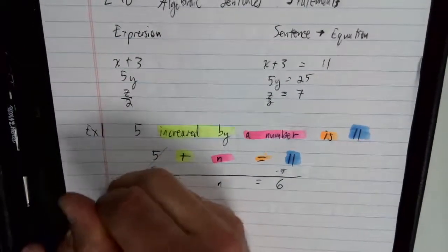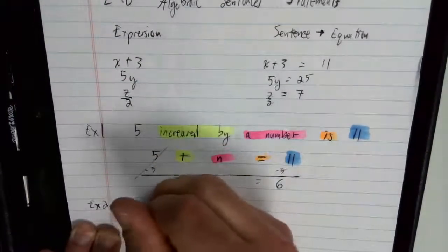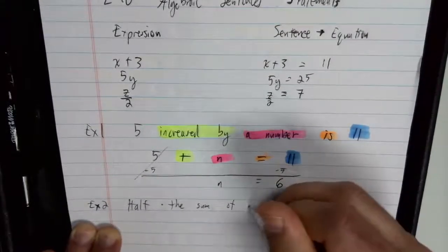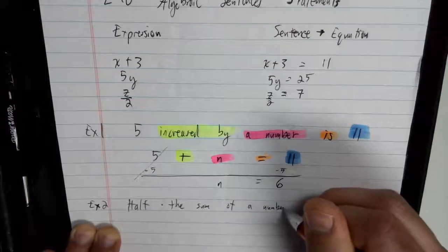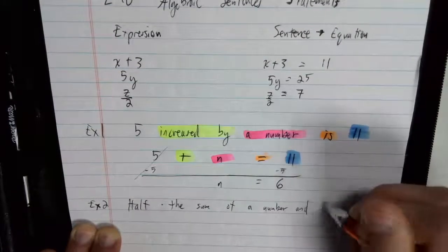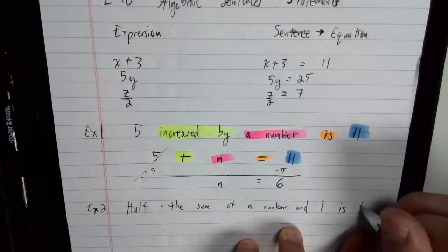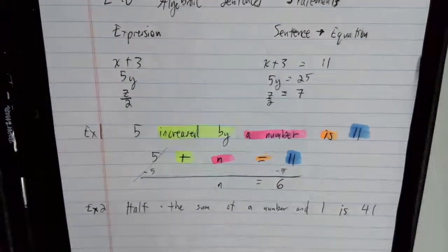Let's make it a little more interesting. Half the sum of a number and 1 is 41. Okay? All right, so I made this much more interesting really quickly.